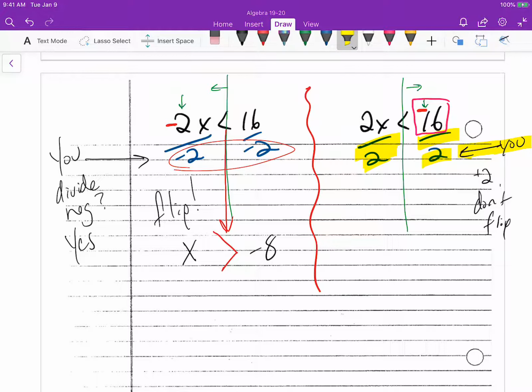You divided by 2 on both sides. It's a positive 2 that you divided by, so you don't flip that. So although it would give the same answer, the symbol would stay the exact same because you did not divide by a negative. You divided by a positive.